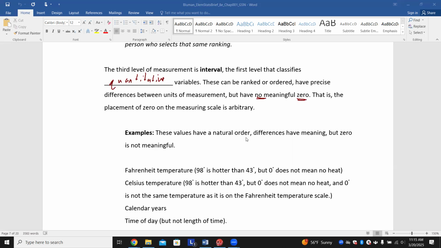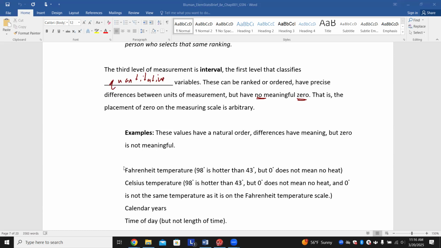The best way to put it is that the placement of zero on a measuring scale is arbitrary. It has a zero, but it's not the absence of something. Zero needs to represent that there's just nothing there.